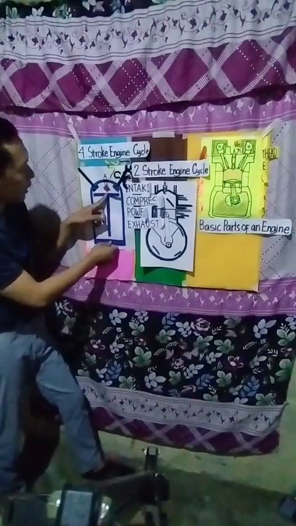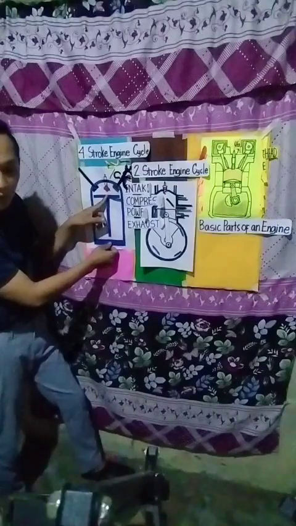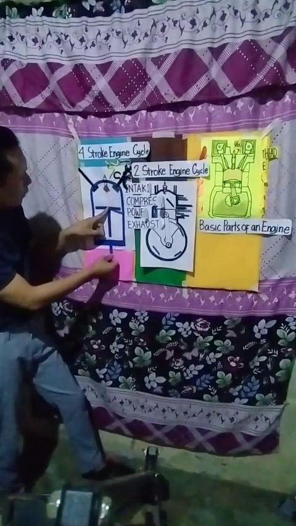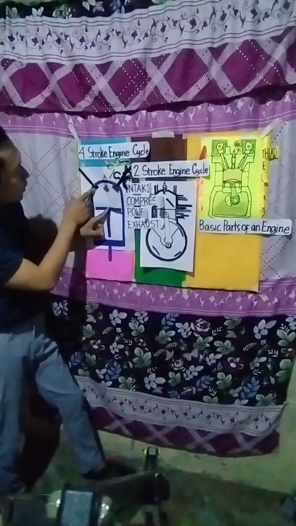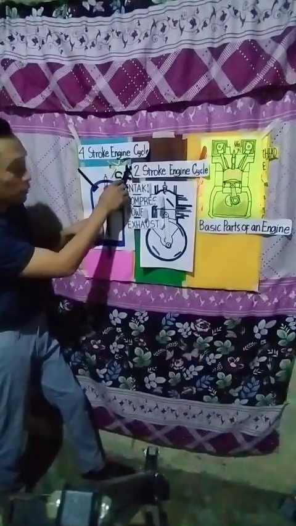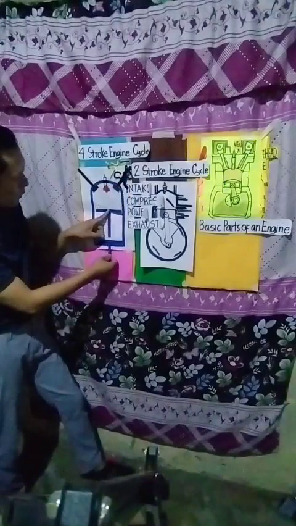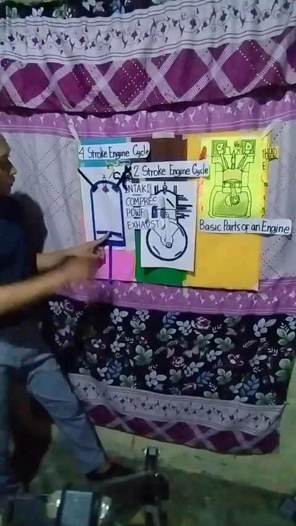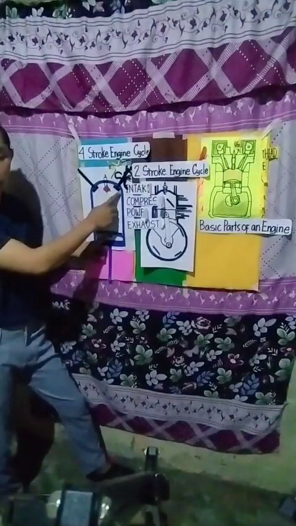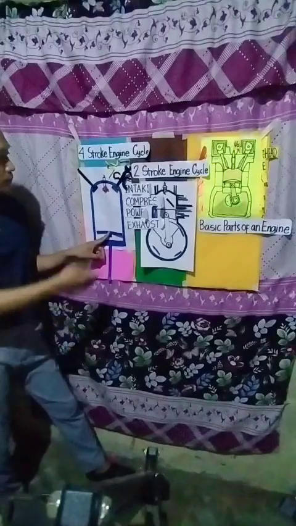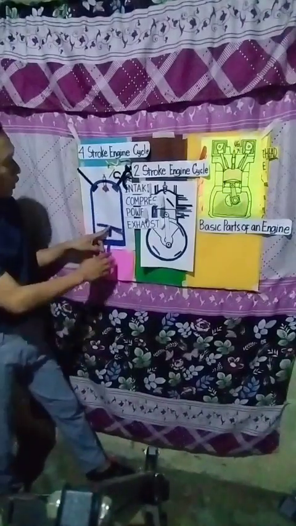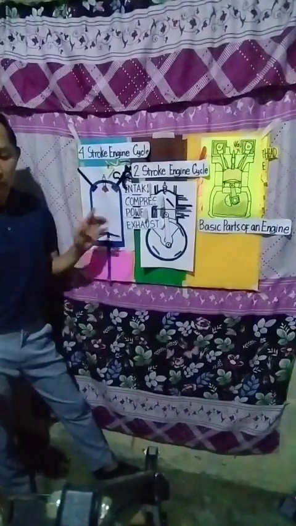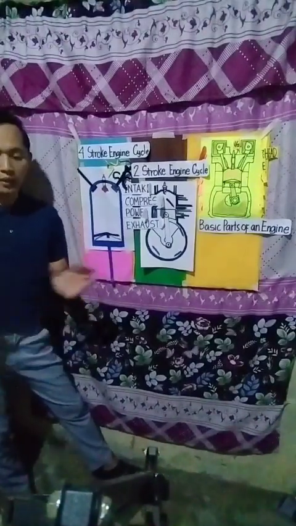Now the spark plug ignites. The piston is now being forced back down. Inlet valve closed. Exhaust valve is closed. During the power stroke, both valves are still closed. When the piston reaches the top of its stroke, the spark plug emits a spark to ignite the gasoline.